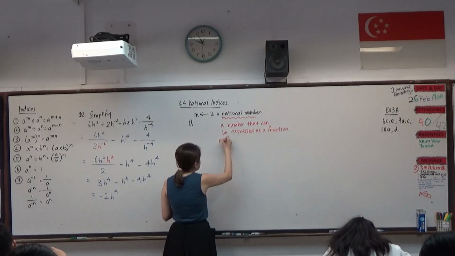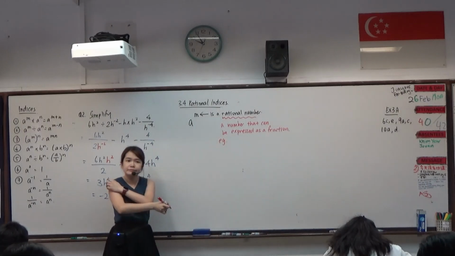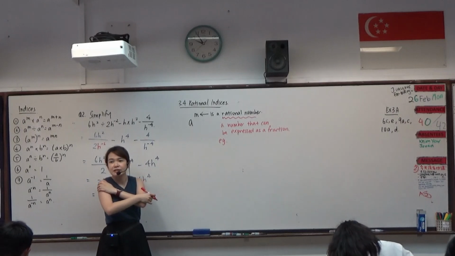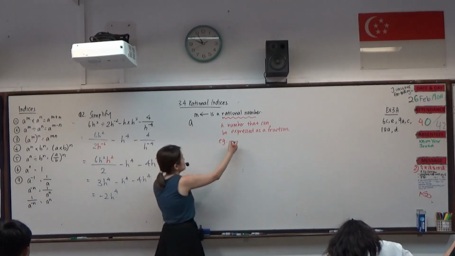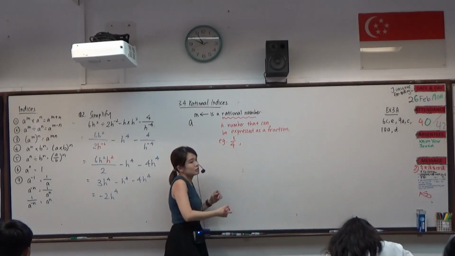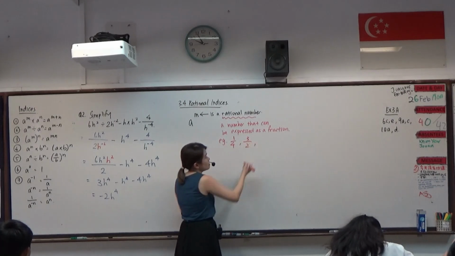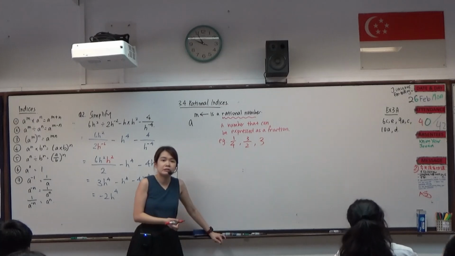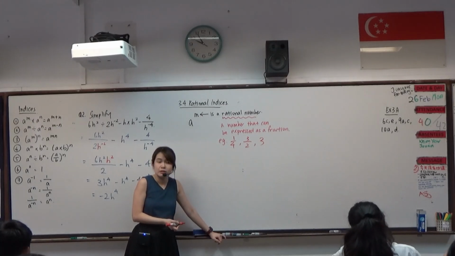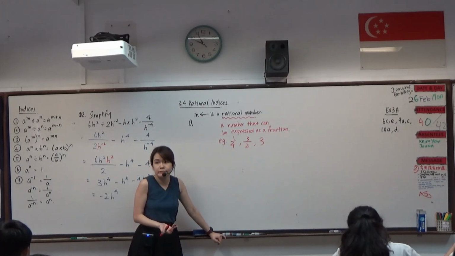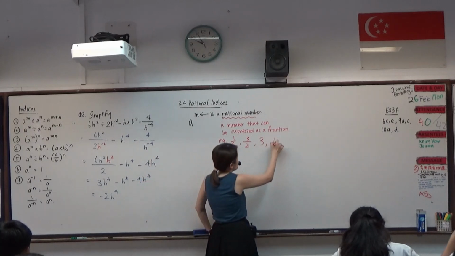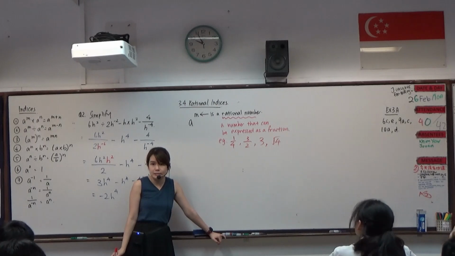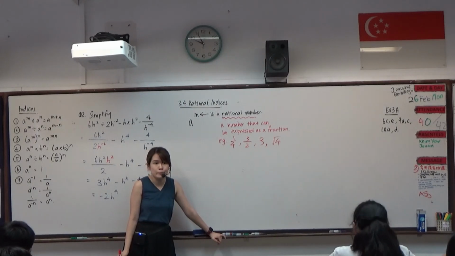Okay, for example, give me some examples. 1 over 4. 3 over 2. Okay, now is the whole number like 3 a rational number? Yes. Okay, because it is 3 over 1. Right? What about square root 4? Is it a rational number? Yes, because square root 4 is simplified to 2.